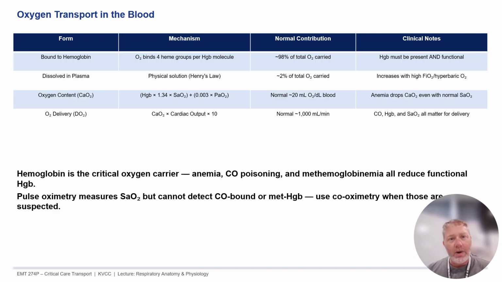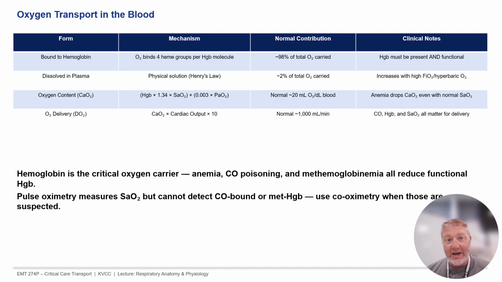So when we talk about oxygen transport in the blood, it's not just about the saturation or the SpO2. It's about the total amount of oxygen delivered to tissues, which depends on three factors: hemoglobin concentration, hemoglobin saturation, and cardiac output.